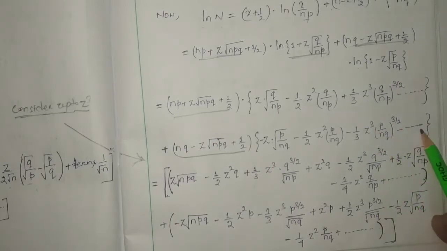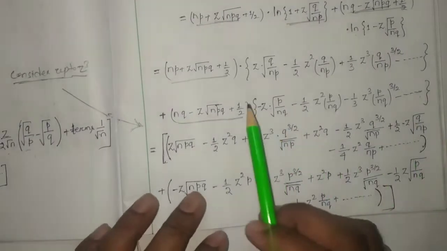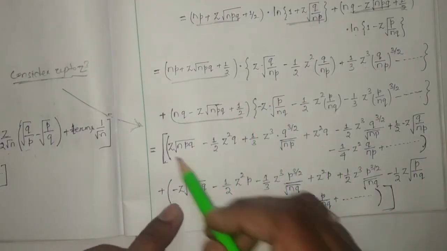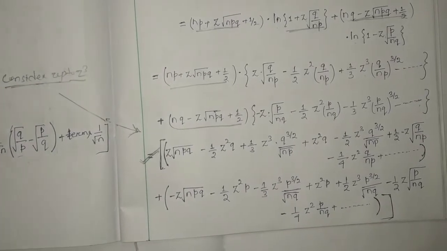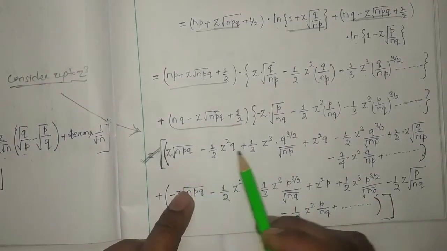Here we have considered simple multiplication. Carefully you have to watch, this line is important. This line multiplication is important.